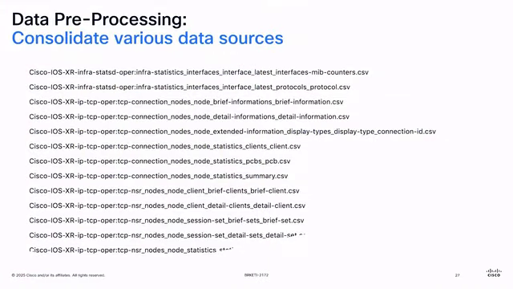So we get data from various sources. These are all the individual things that we would get from subscribing to the individual sensor paths. So we get a CSV file per individual sensor path, and we need to go and merge that. So that's easy.